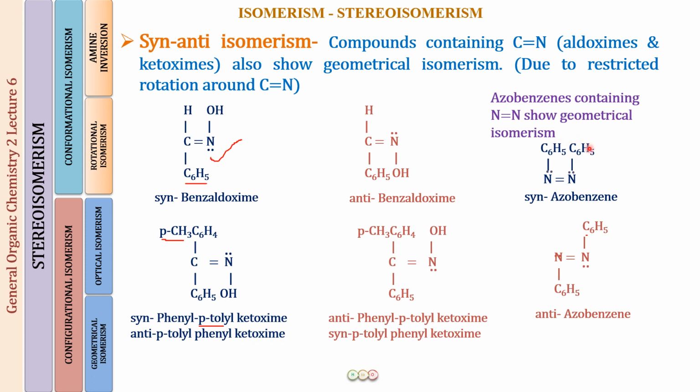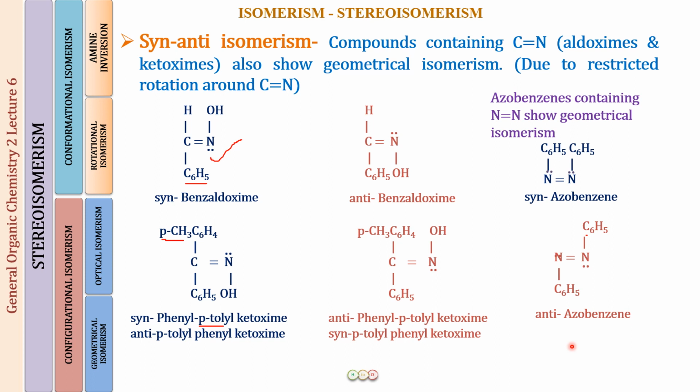So this is azobenzene, when we have two phenyl groups attached to nitrogens bonded to each other by a double bond. All right. So we can say now that these two are on the same side of the nitrogen-nitrogen double bond. So this is a syn-azobenzene, and when they are opposite to each other, this is going to be an anti-azobenzene.